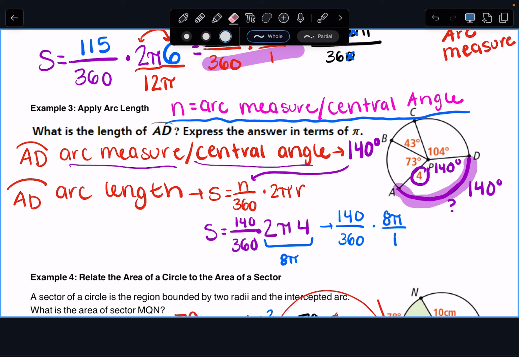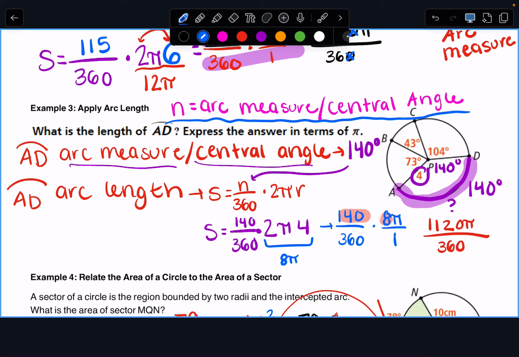And really all we're going to do, you guys, is we're just going to times the numbers on top. We're going to keep pi. So just timesing those two numbers in my calculator. 140 times 8, I am getting 1,120 pi. And on bottom, just 360. We could simplify this fraction all day.